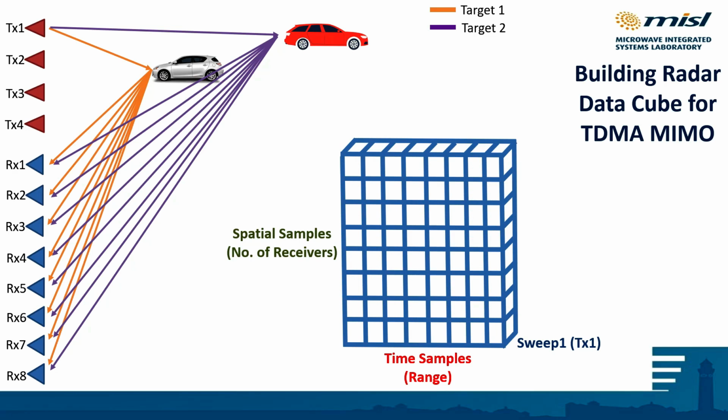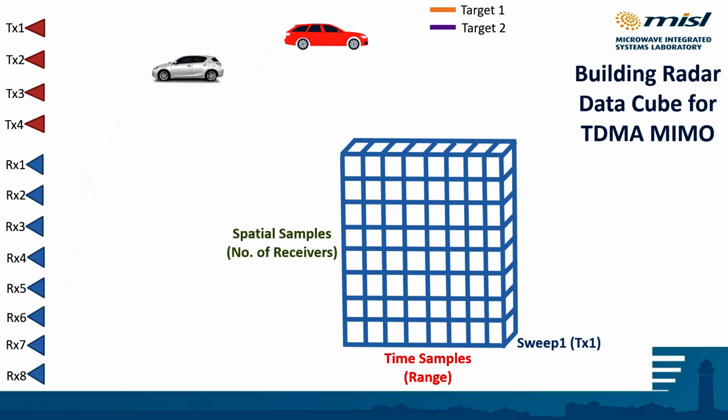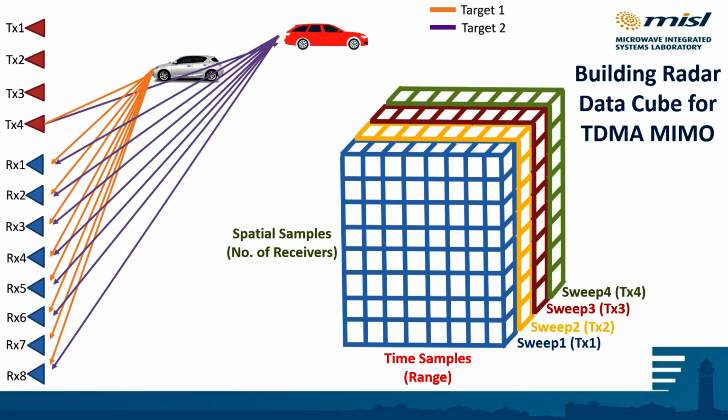The same thing will again repeat for transmitter number 2, transmitter number 3, and transmitter number 4. The process will increase the number of sweeps along z-axis with each sweep corresponding to a specific transmitter. So after this process, we have a radar data cube which simply started from a single row of time samples.